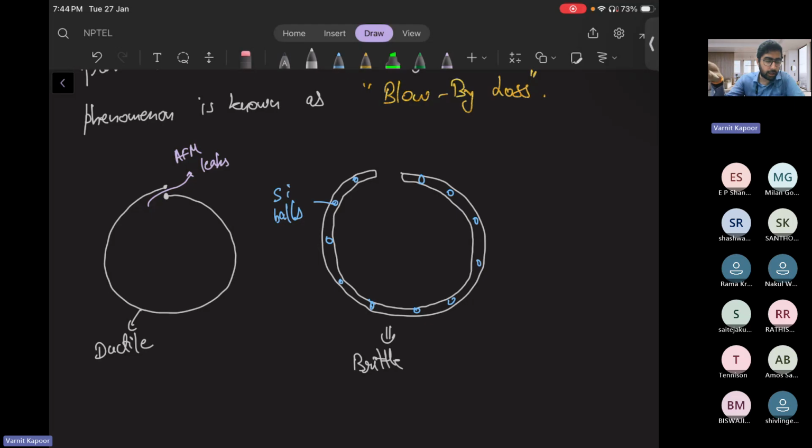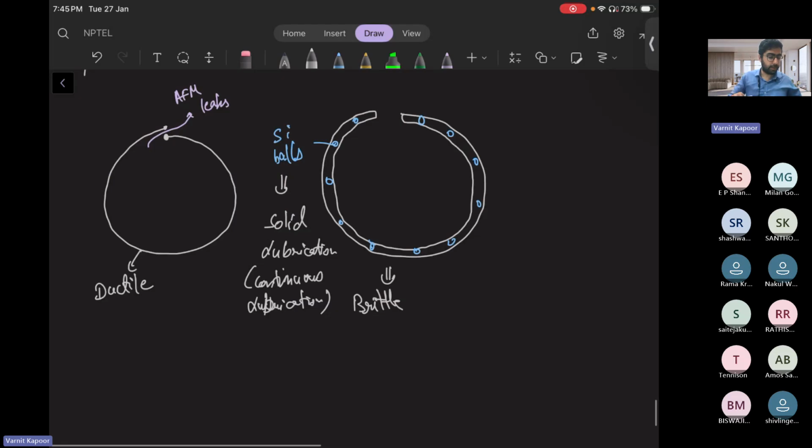Another scenario is that your fuel is getting wasted. And by adding these silicon balls, you are providing solid lubrication, that is, continuous lubrication is happening. Minimum two rings are there.